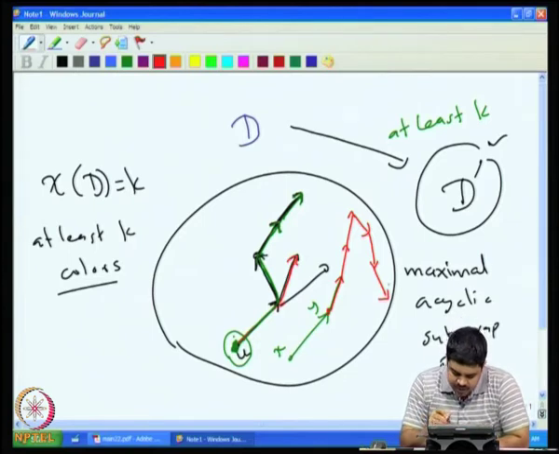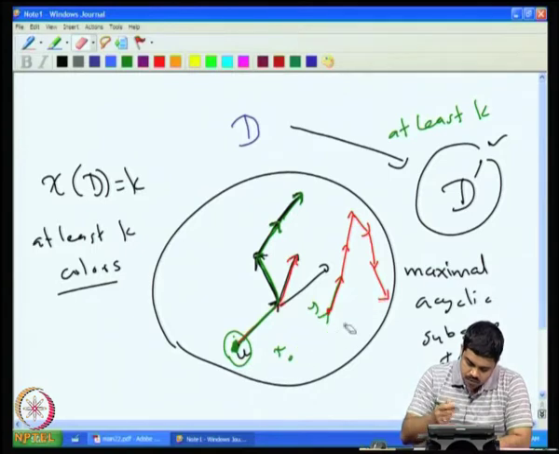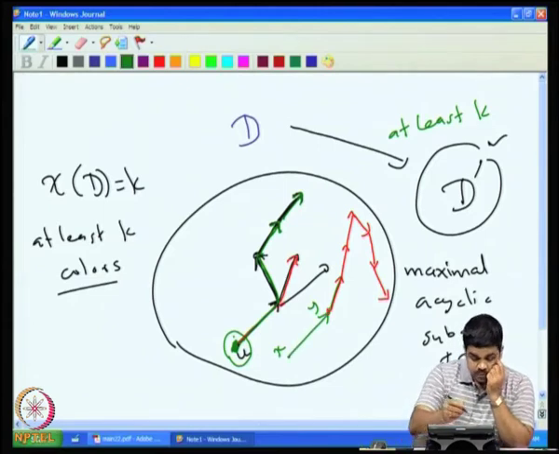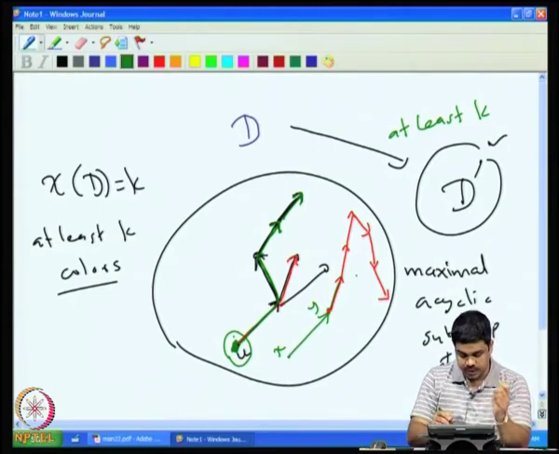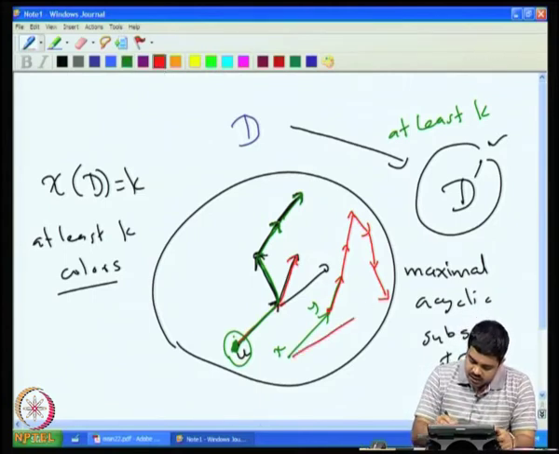Is it possible that the longest path going out of y will come back and hit x once again?